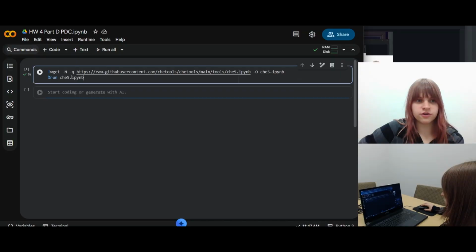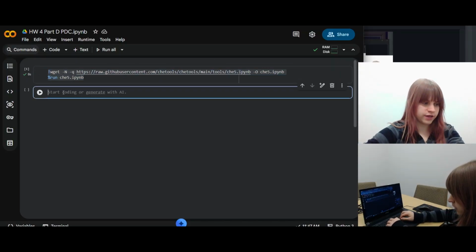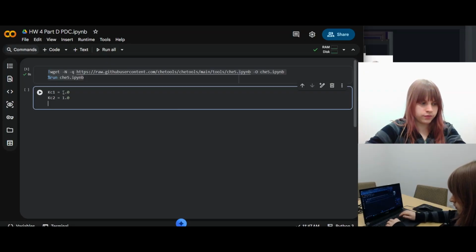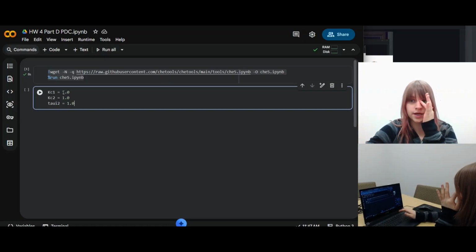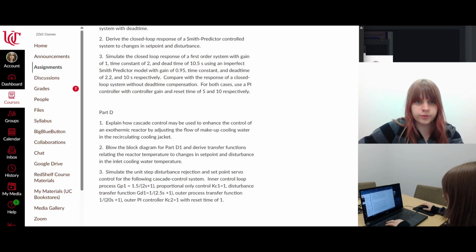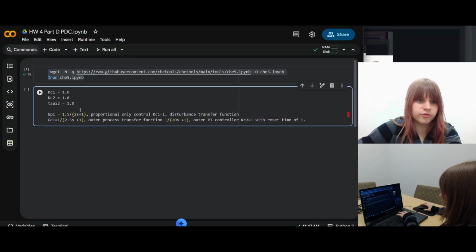As always, I started with my import, and I'll just get started with defining our variables. So we said that KC1 is 1, KC2 is also 1, and our tau is 1 as well. That's our reset time. And from here we're given those functions, so I'm going to copy that so I can just hopefully easily paste.